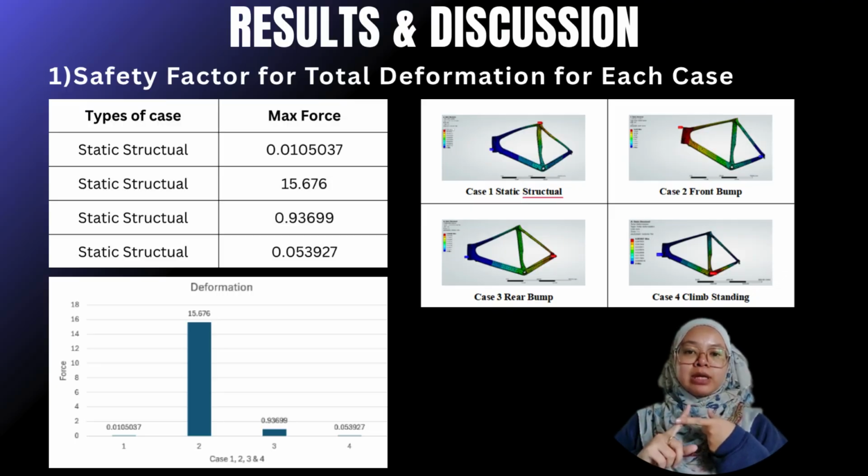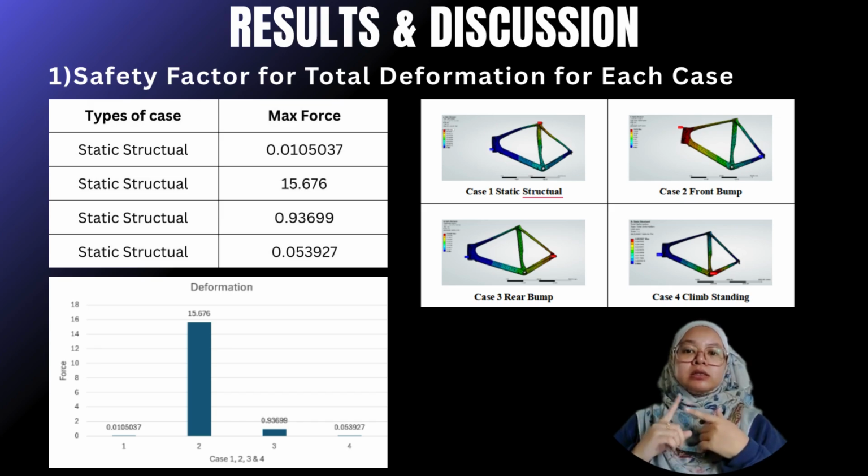For this slide, we are analyzing the safety factor based on total deformation across 4 different loading conditions. From the visual comparison and simulation results, we can see that the front bump case caused the most significant deformation on the structure.